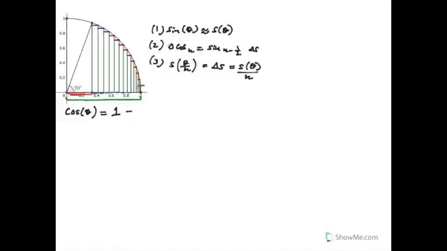But those blue segments are also over here, and we have a shorthand for that. We call those delta cosine 1 plus delta cosine 2 plus up to delta cosine n.